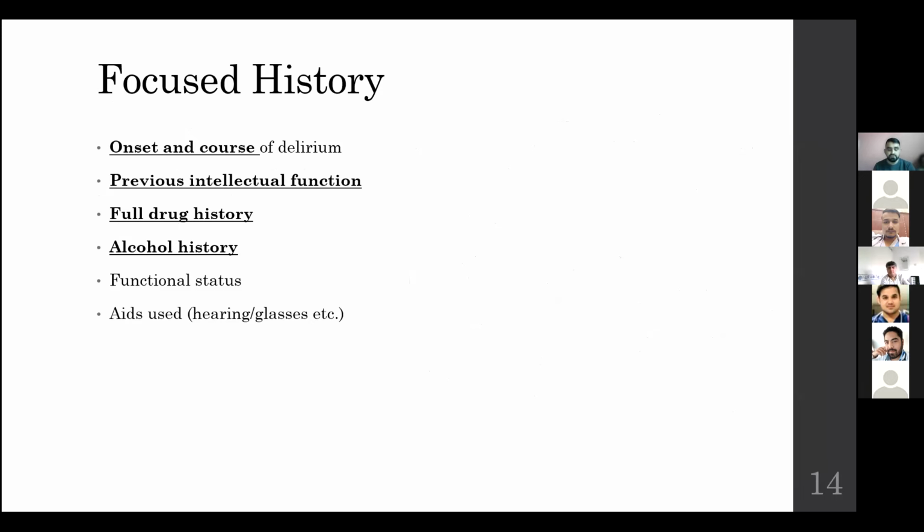On focused history, we should ask for the onset and course of the delirium, and previous intellectual function, like ability to manage the household, pay bills, compliance with medication, and use of the telephone. A full drug history should be taken, including non-prescribed drugs and recent drug cessation, alcohol history, and functional status, like activities of daily living.